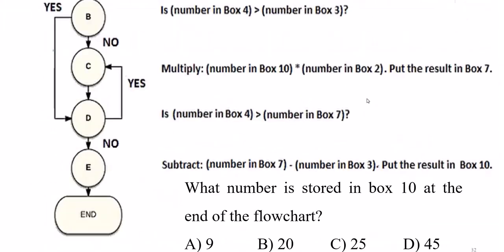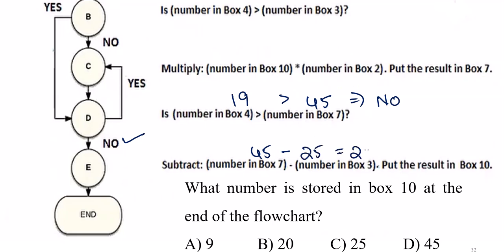Next. Now, is number in box 4 greater than number in box 7? Number in box 7 is 45. Number in box 4 is 19. 19 greater than 45? No. No means here we have to go. We are almost at the last step. So number in box 7, 45. Number in box 3, I think it's 25 updated.